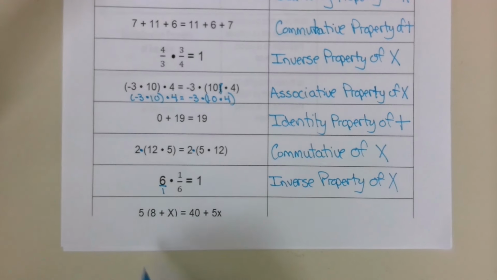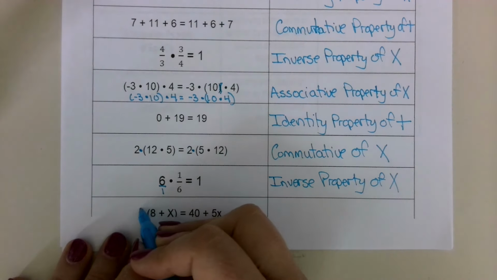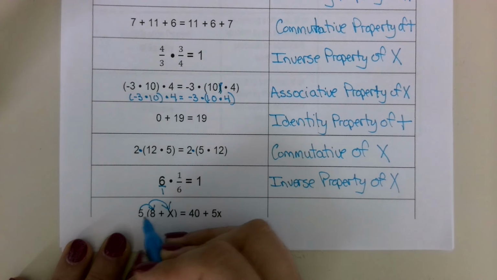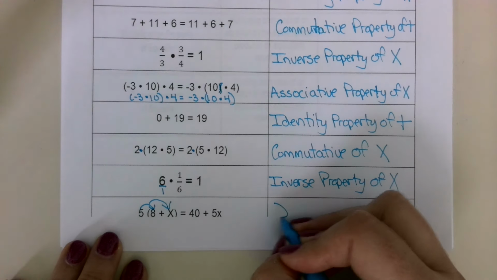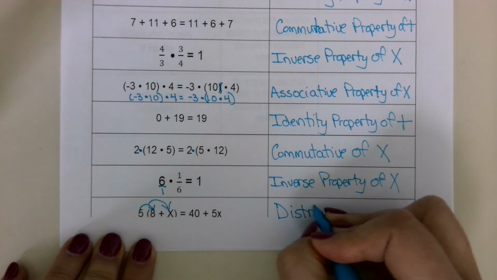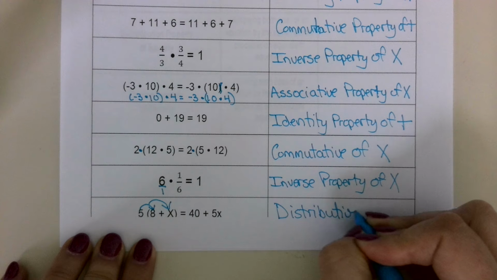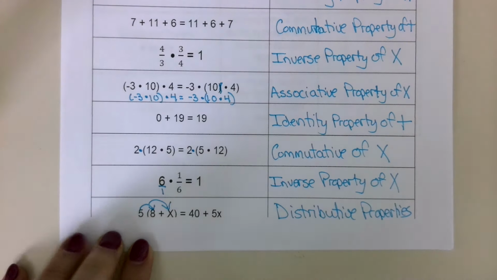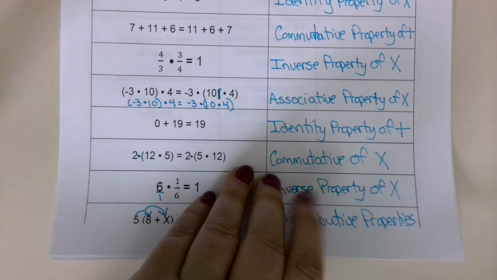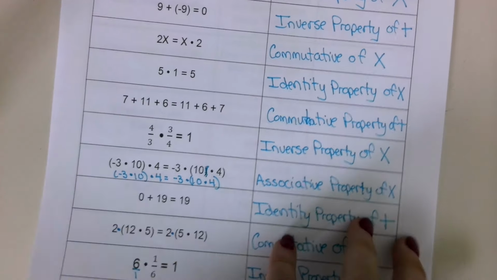And finally, we talked about this in a lesson video. I can distribute multiplication into addition and subtraction, and that is the distributive property. So lots of properties in algebra that let us simplify numbers and expressions and move them the way we want to. There are a couple more pages.